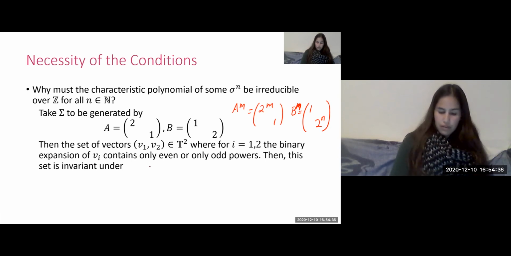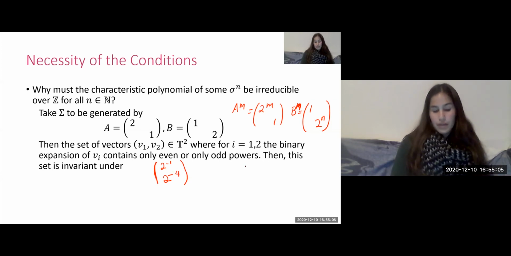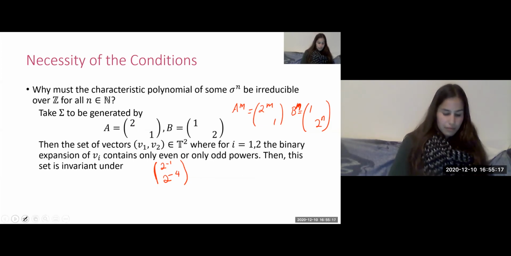For example, in binary expansion, the vector 2 to the minus 1 and 2 to the minus 4 satisfies this, because this one only has odd powers and this one only has even powers. If you multiply by A, you'd get something that only has odd powers from even powers, and by B it's the same thing. It's basically built on the example that we showed earlier.